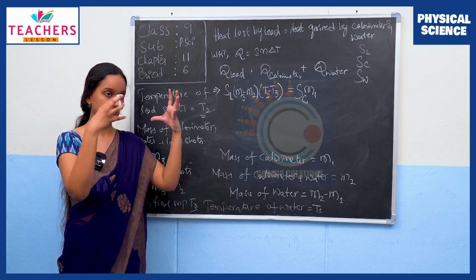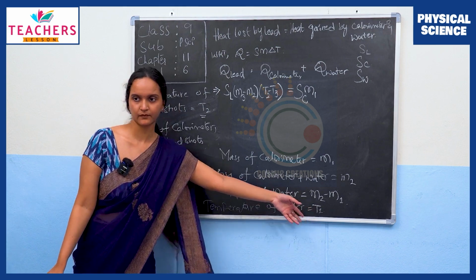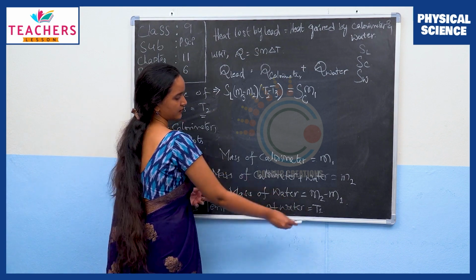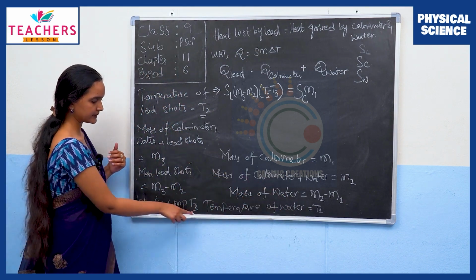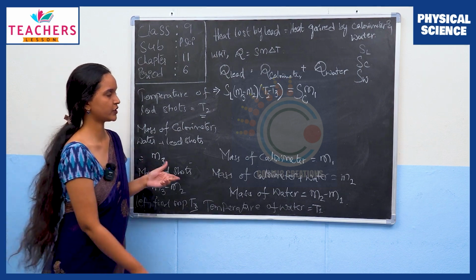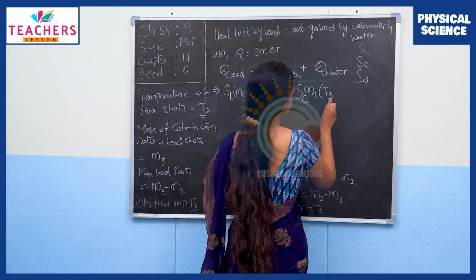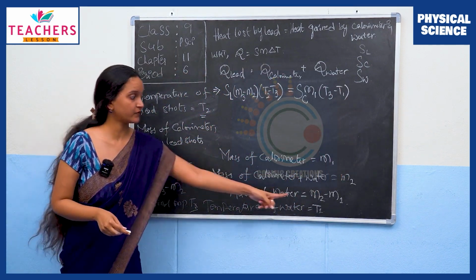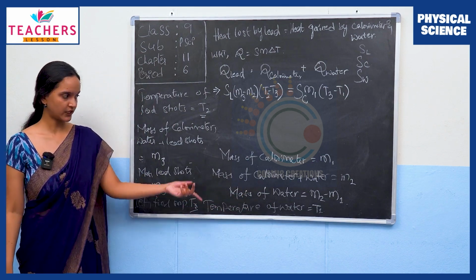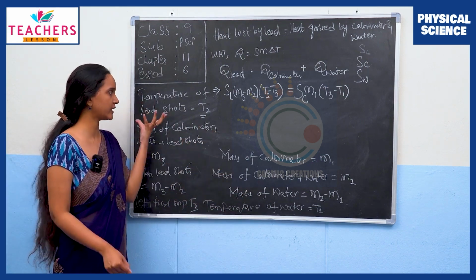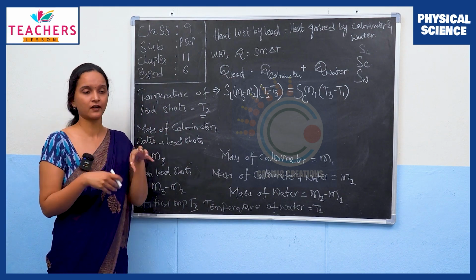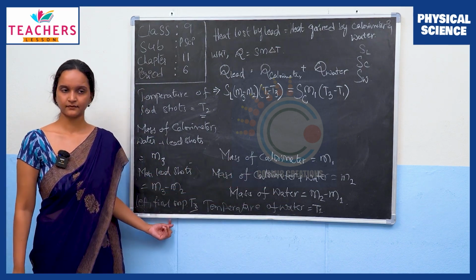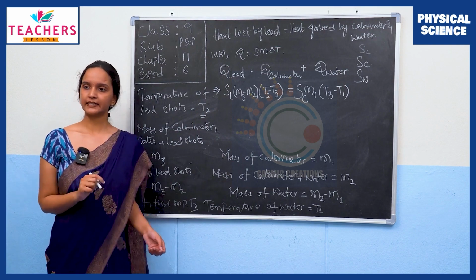So, for the entire system, the temperature would be T1 only before putting in lead shots. So, from T1, the temperature raised to T3, right? So, change in temperature is T3 minus T1. Why not T1 minus T3? Because T1 is less than T3. So, T1 was the temperature before we put in very hot lead shots. Once we put in hot lead shots, the temperature increased from T1 to T3. So, T3 is greater, and hence it is T3 minus T1.